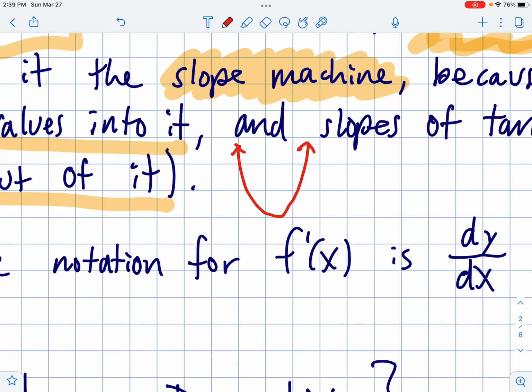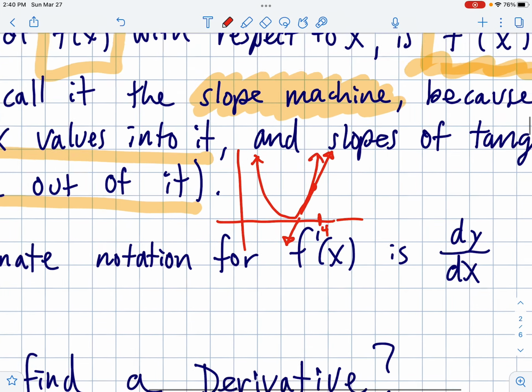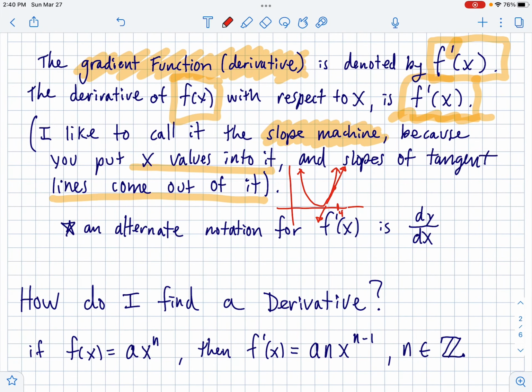So just to picture that, say you have some curve, a parabola or something like that, and then you take a derivative of that and feed in, let's say, 4 right here, then the slope of that tangent line is putting 4 into the derivative.